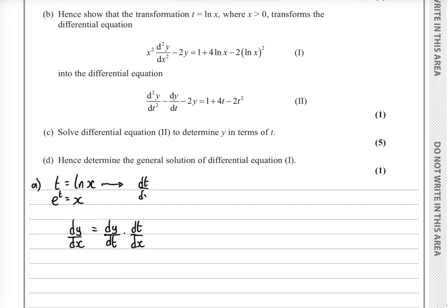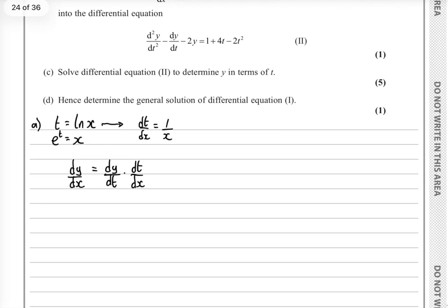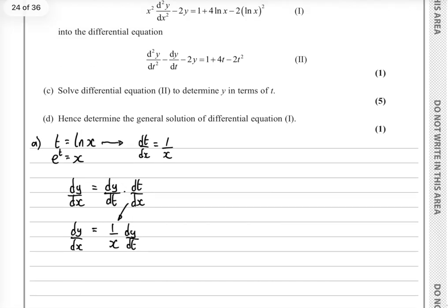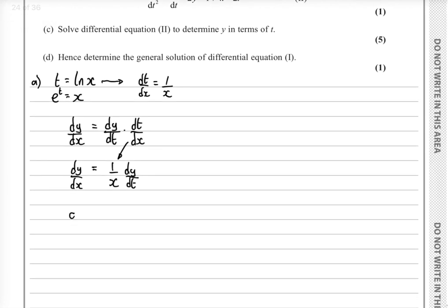Dt by dx is equal to 1 over x. So we can put that in, 1 over x, dy by dt, and that is the first derivative. But we need the second derivative, so we're going to differentiate everything with respect to x, and that is the product rule here.